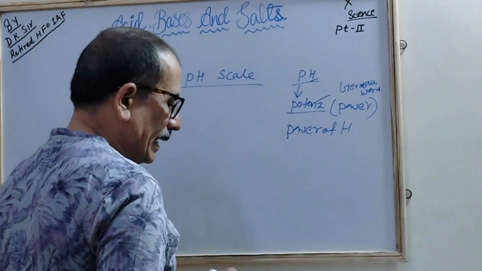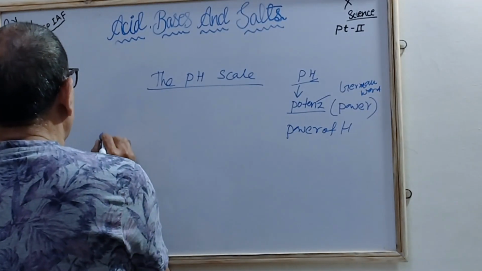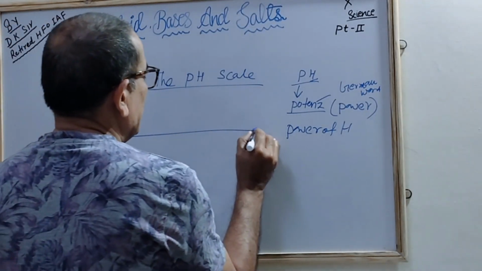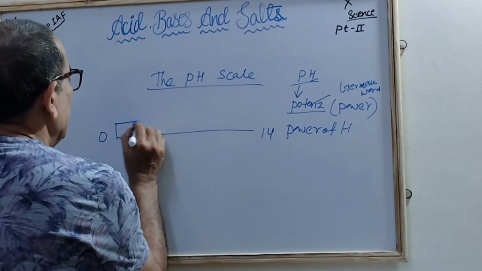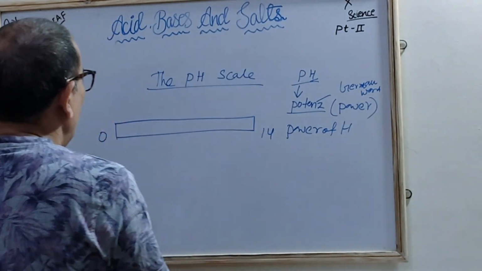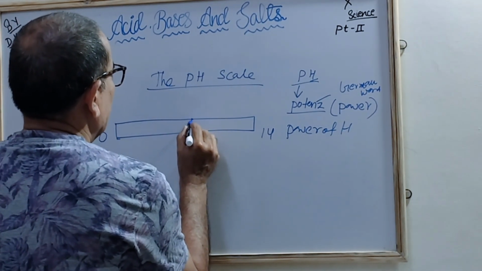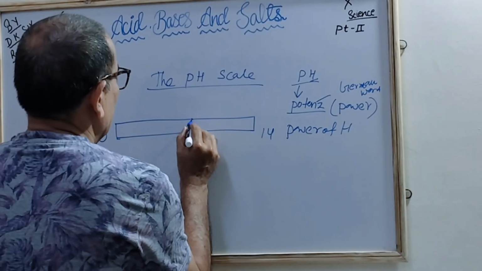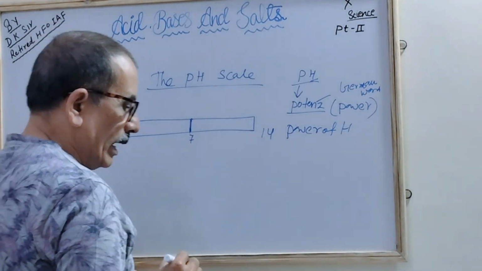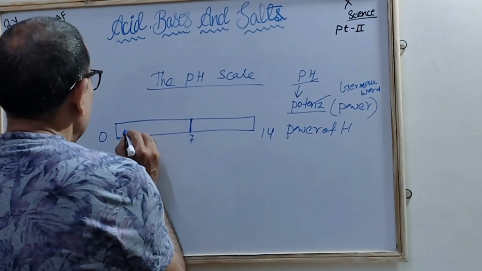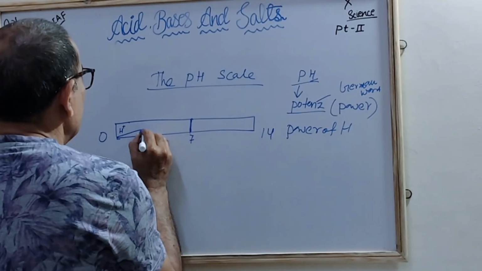In the pH scale, the values start from 0 to 14, correct? There is one scale which keeps denoting 0 to 14, and 7 is in the center. The center is 7, correct? So if you calculate the H plus, the H plus is maximum here, correct?